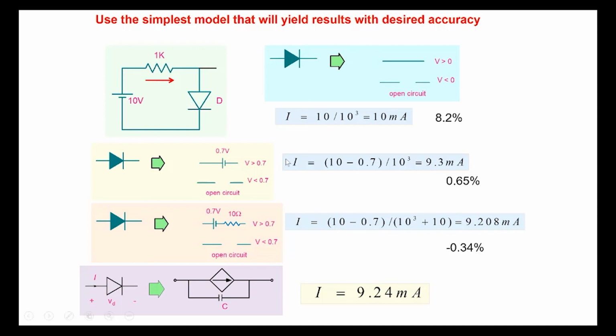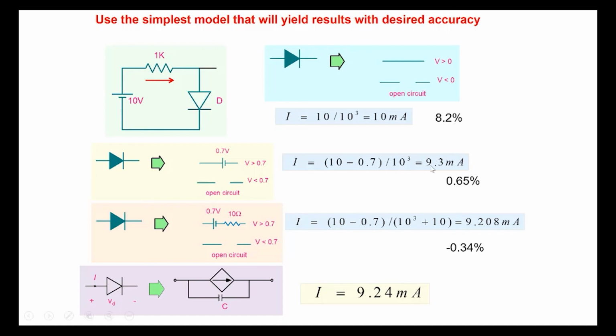So sometimes there's no point in carrying a very accurate analysis because the values of the components itself are not that accurate. You don't know whether it's really 1K. You don't know whether it's really 10 volt. It could be a little bit higher or a little bit lower. And therefore, this is something like an artificial accuracy that is there here.